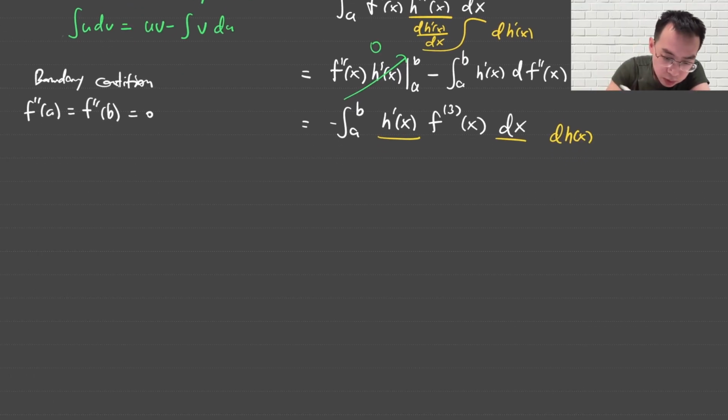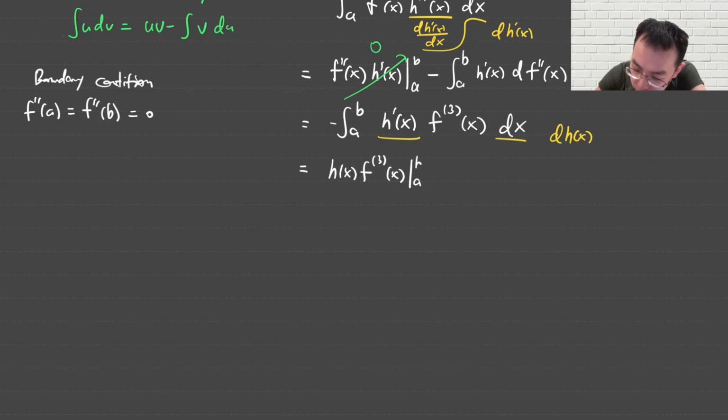So that is going to give us h of x, f third derivative of x evaluated from a to b. So we have a minus sign for this, minus integral from a to b h of x f fourth derivative of x dx.